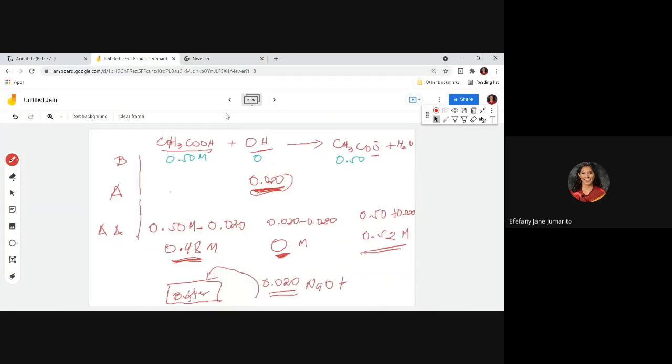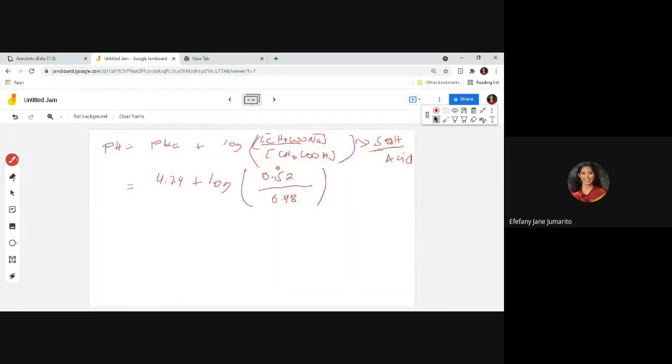What's the concentration? 0.48. Okay, so we have that one. pH is equal to 4.74 plus log of 0.52 divided by 0.48.